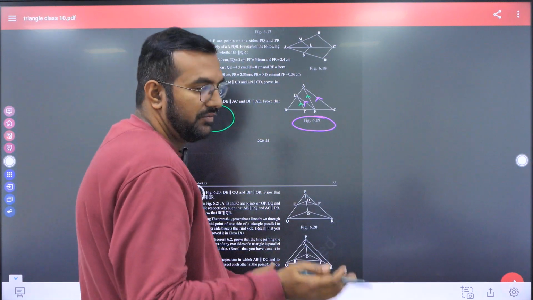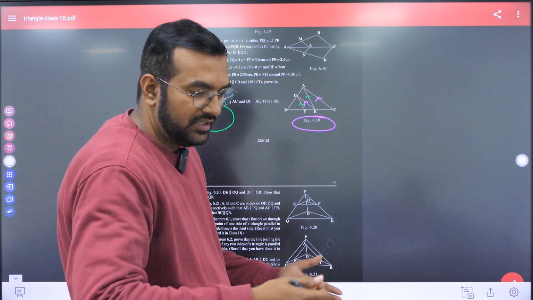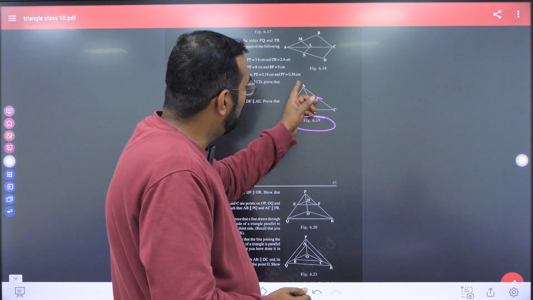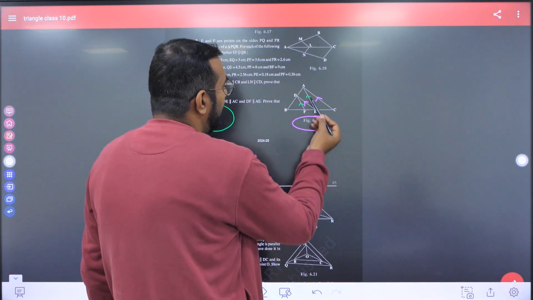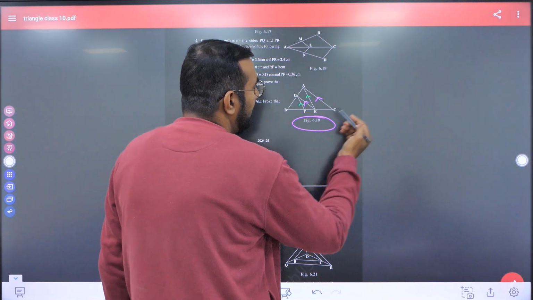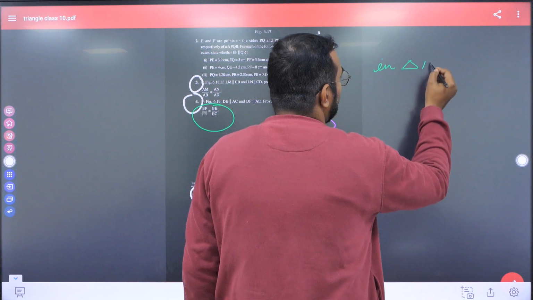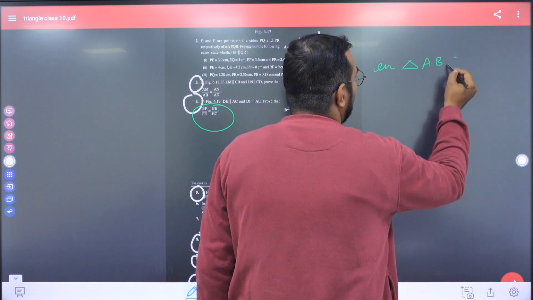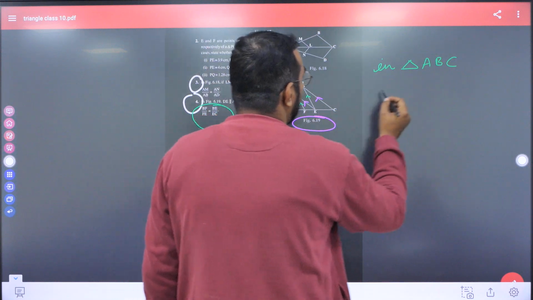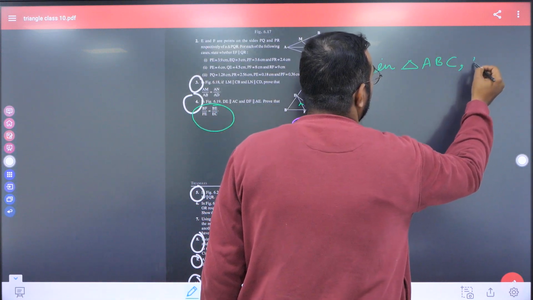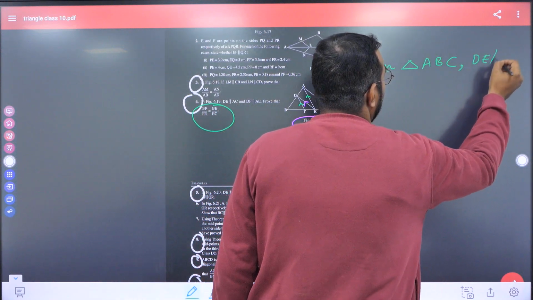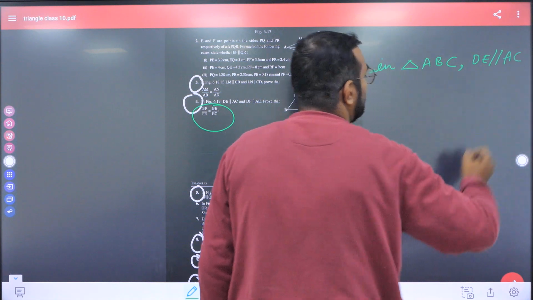So now we have learned the BPT theorem, na, that if a line is parallel to one side of a triangle. So here ABC is a triangle, right? In triangle ABC, it is given that DE is parallel to AC.